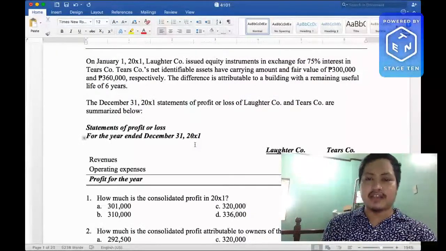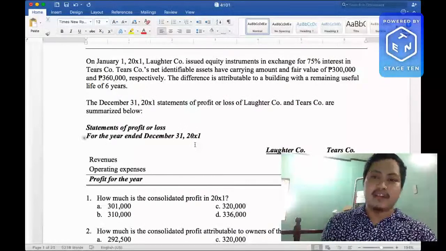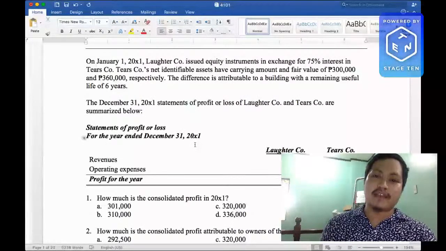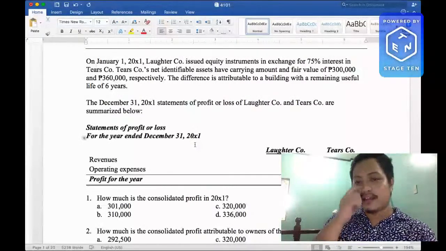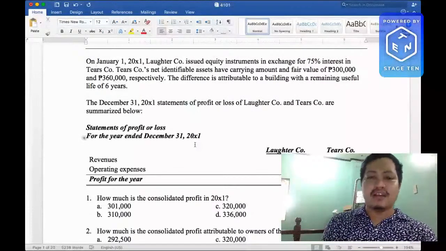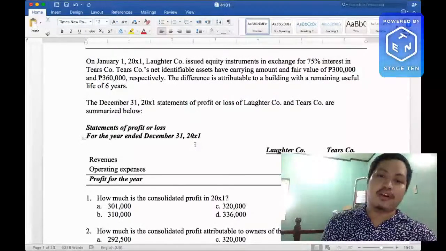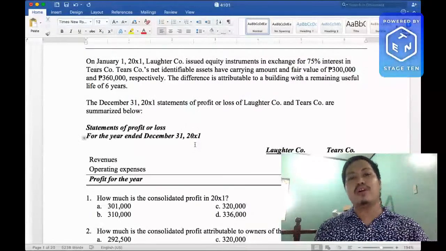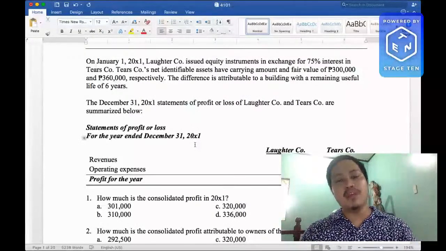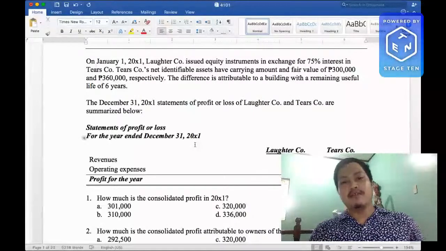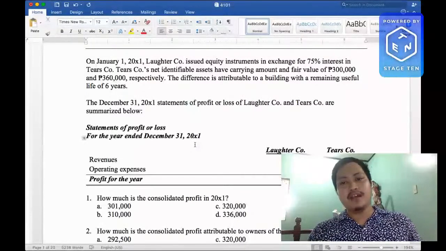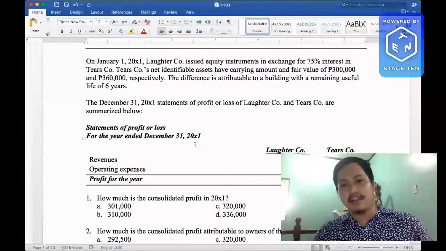Especially for depreciable assets. That is very rare because if you are the subsidiary, if you already know that the fair value is lower than the carrying amount, what does that tell you? It tells you that your asset is impaired. So you should already write down the value of your asset. And when you write it down to its fair value, then there will no longer be a disagreement between the value of the asset from the eyes of the subsidiary and the value of the asset in the eyes of the consolidated entity.